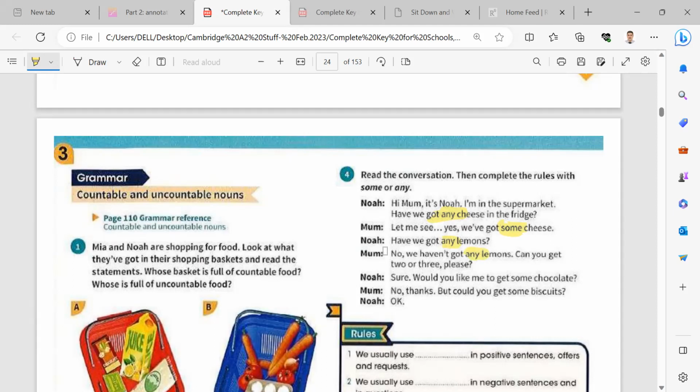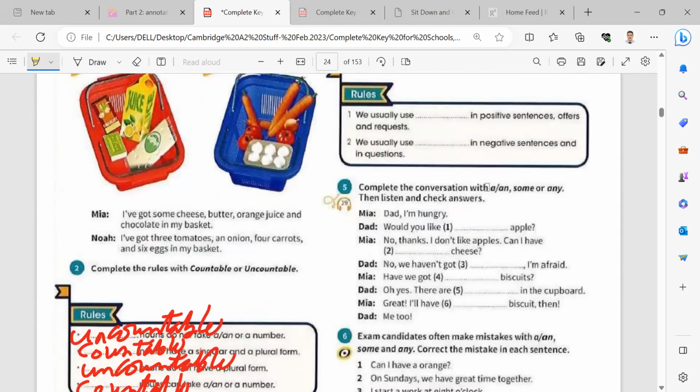Can you get 2 or 3, please? Sure. Would you like me to get some chocolate? No, thanks. But could you get some biscuits? Okay.